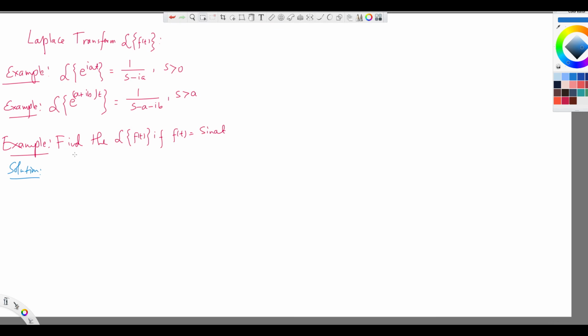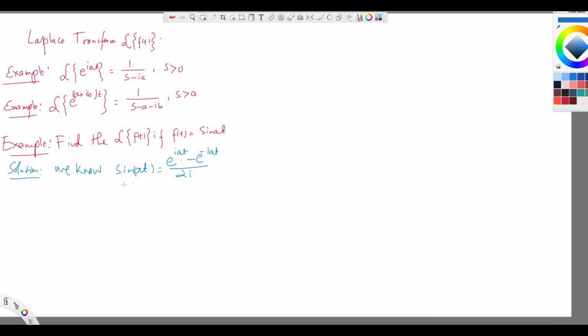So I will show you how to find the Laplace transform of sine at. To find it, we will use this formula. We know sine at equals e to the iat minus e to the negative iat, divided by 2i.